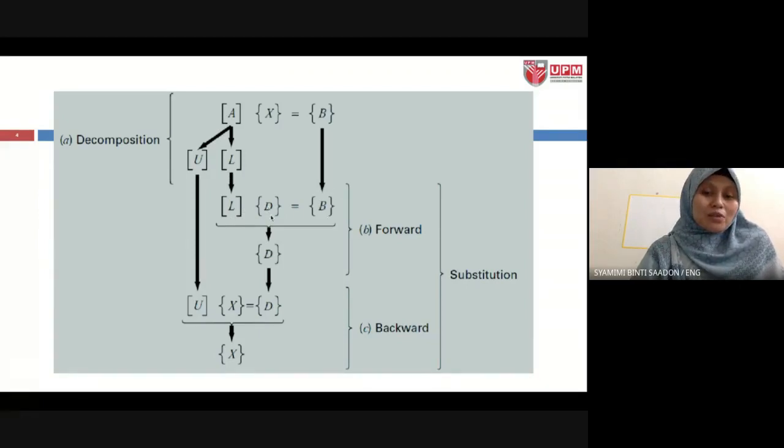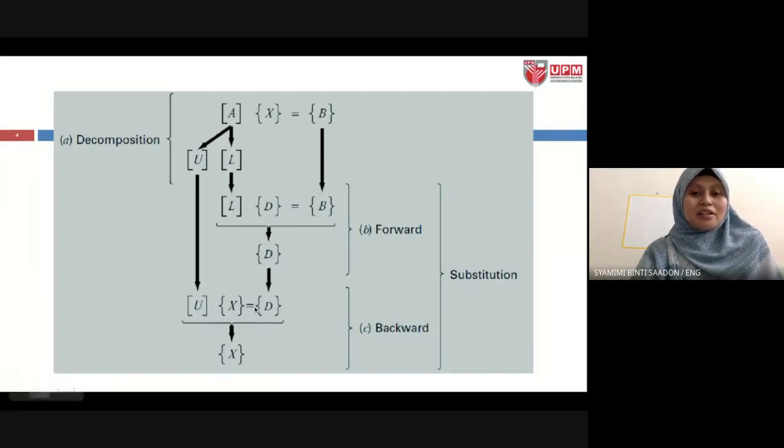Once we achieve the values for D, D1, D2, D3, then this D will be used for backward substitution, using the U upper triangular matrix of A. U is the upper triangular matrix of A. So U times X, the actual unknowns that we want to solve.